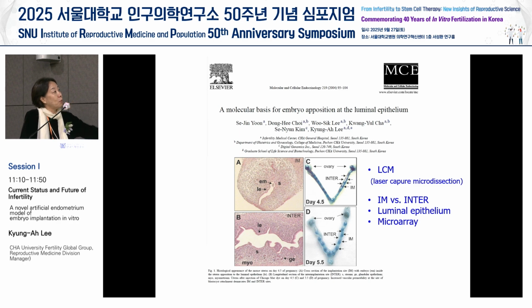A long time ago, when we did microarray, we had the chance to use laser capture microdissection. This is a technique where, from paraffin or cryosection, we can use a laser to isolate the target area, as small as we want. Here, we focused on the implantation site in blue and the intersite without embryos.